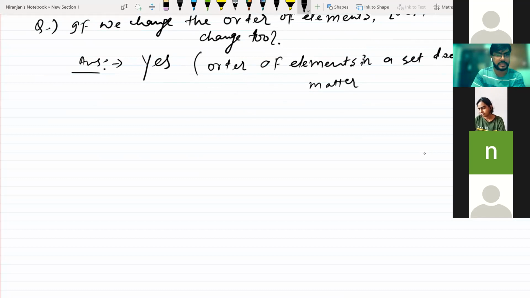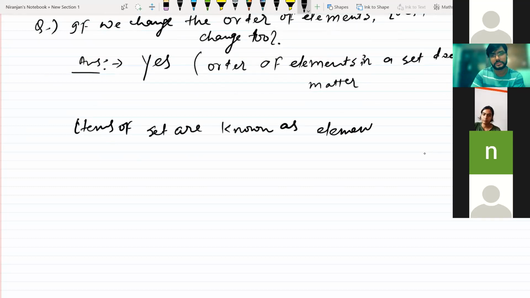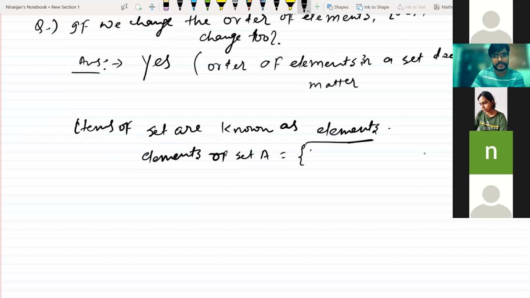Now, the items that we have written in set A, the items of a set, are known as elements. So what are the elements of set A? This is really basic, guys.